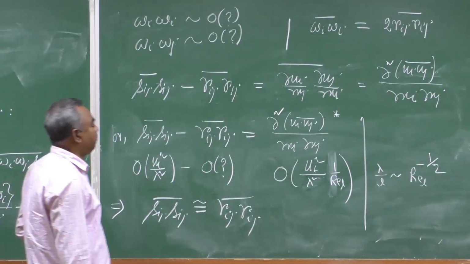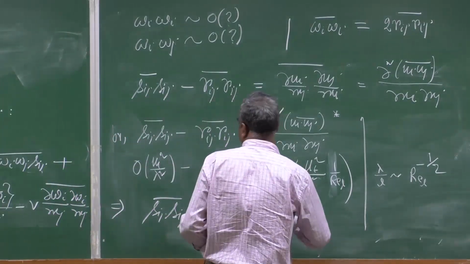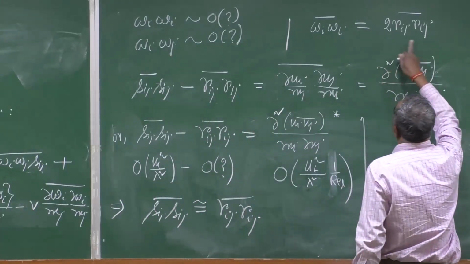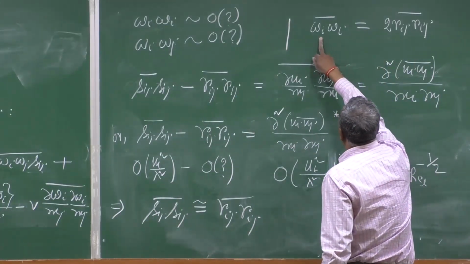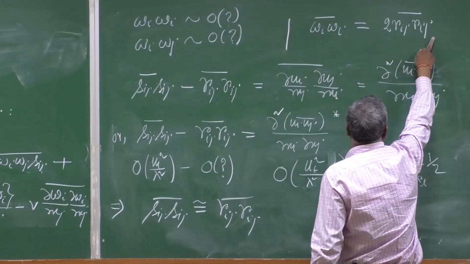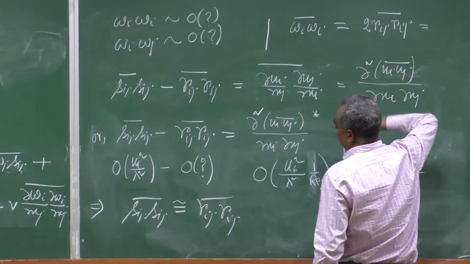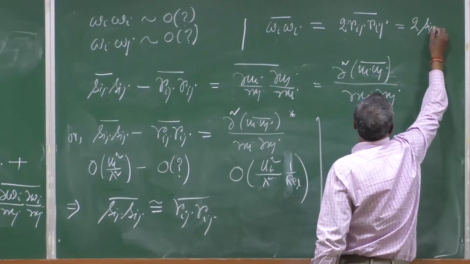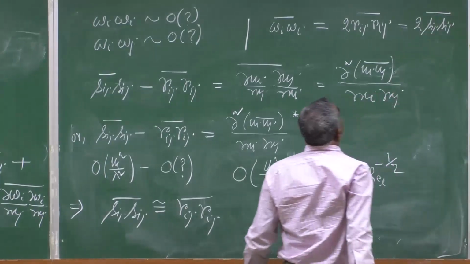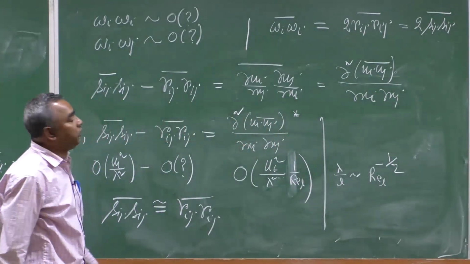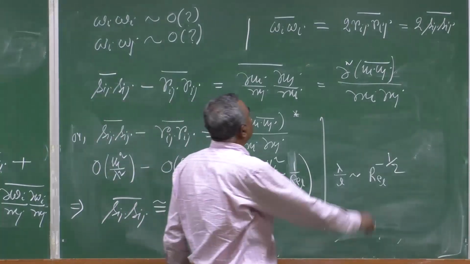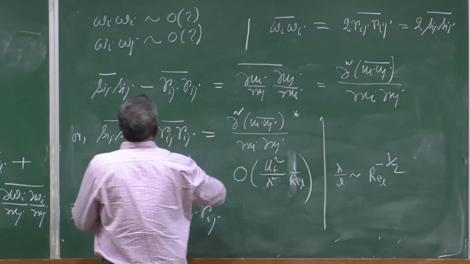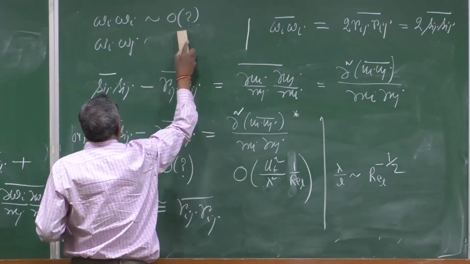Okay. So, you see, from here you have got omega_i omega_i is equal to this. So, from this you can write that twice small S_ij bar, okay. That is what you can write. And then what is the order of magnitude? From this you can find the order of magnitude. Okay.